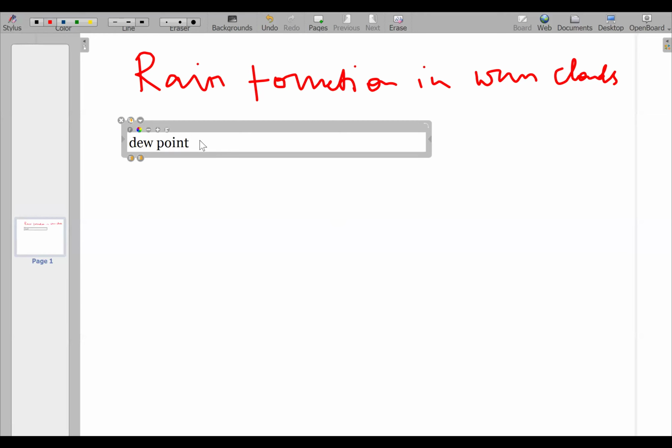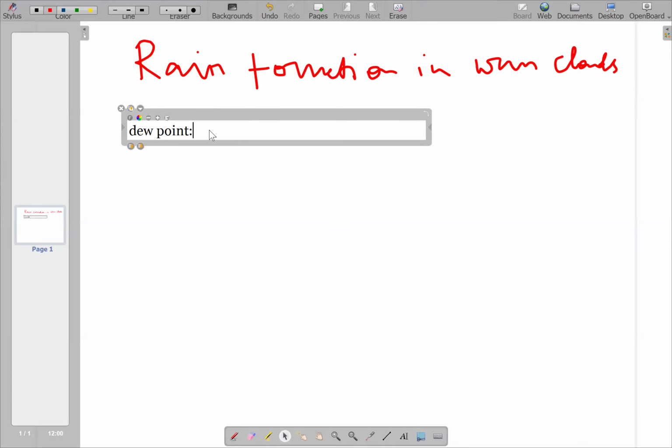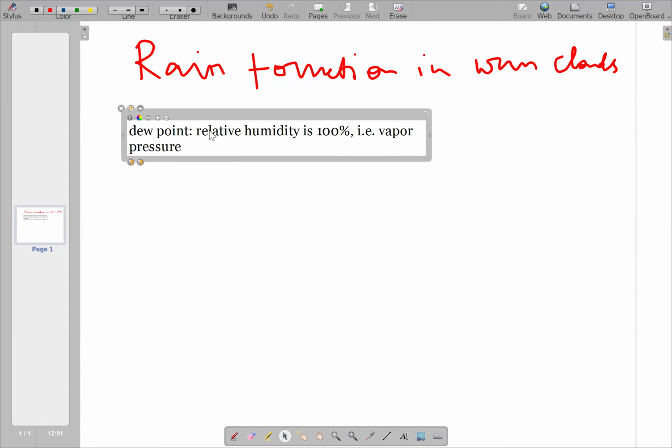Okay. Dew point. Relative humidity 100%, that is, vapor pressure equals saturation pressure.